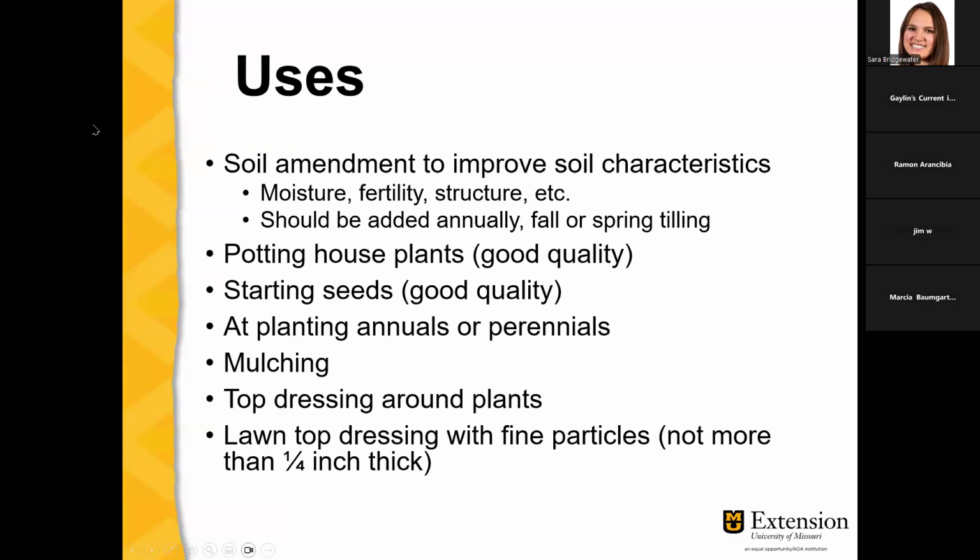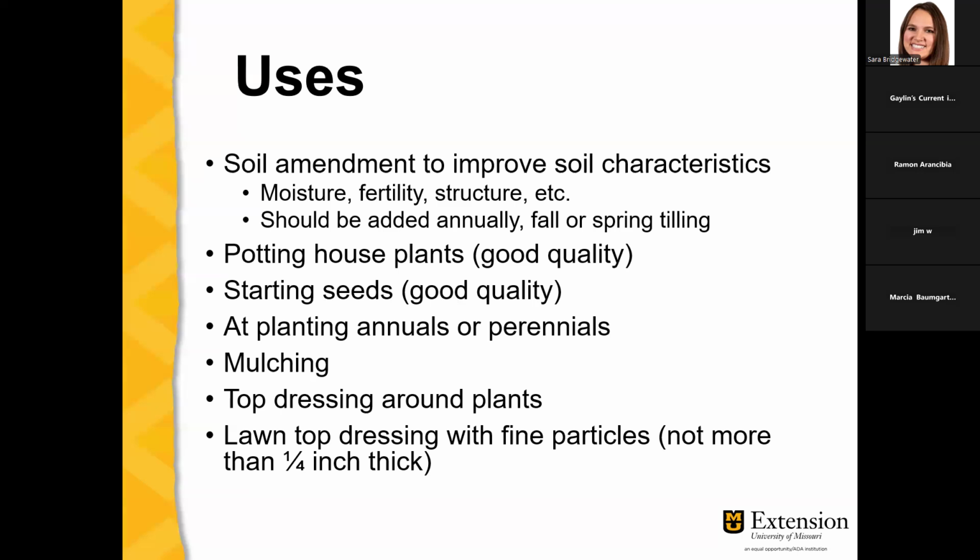I mentioned some of the uses already, but in general, compost is used as a soil amendment to improve soil characteristics, soil moisture, fertility, and soil structure, etc. It should be added annually in the fall or the spring while you till the soil. You can use it as a potting material for houseplants. Use good quality, not the very coarse material, or medium coarse, for potting plants.